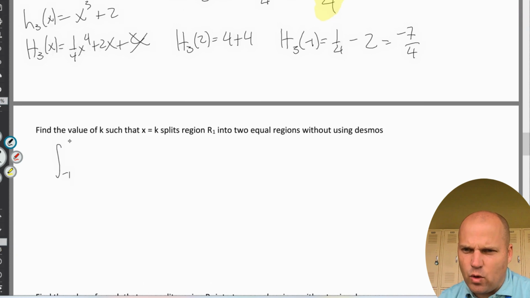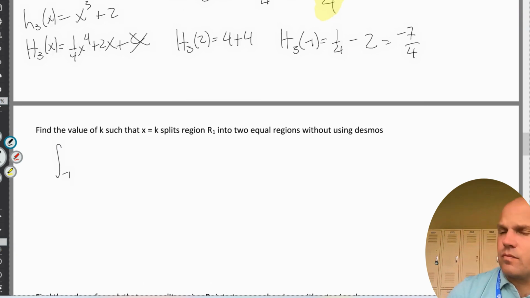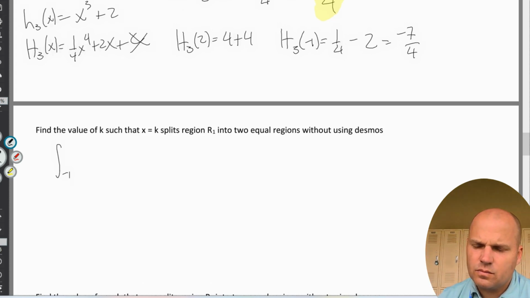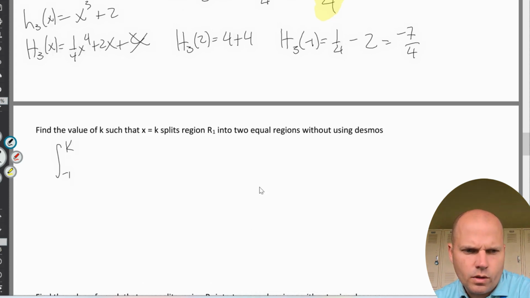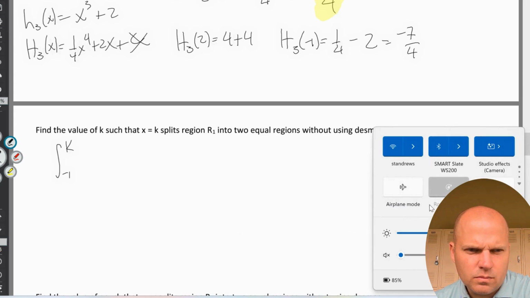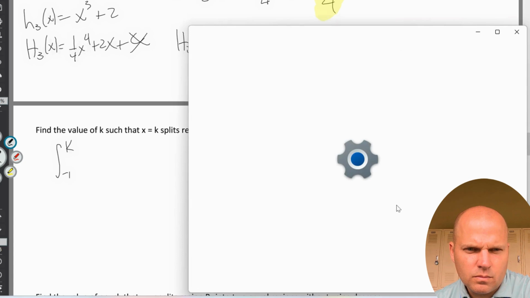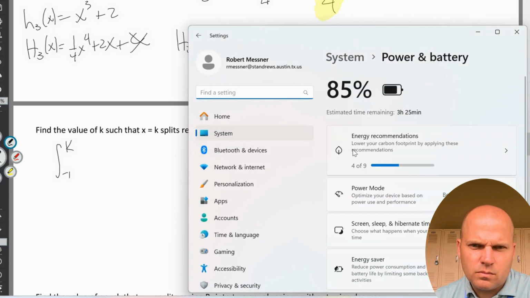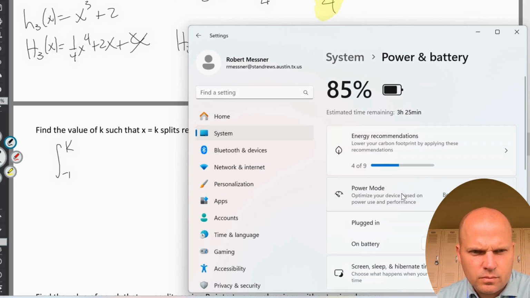the integral from -1 to k of h1. Make sure I'm in performance mode. Okay.